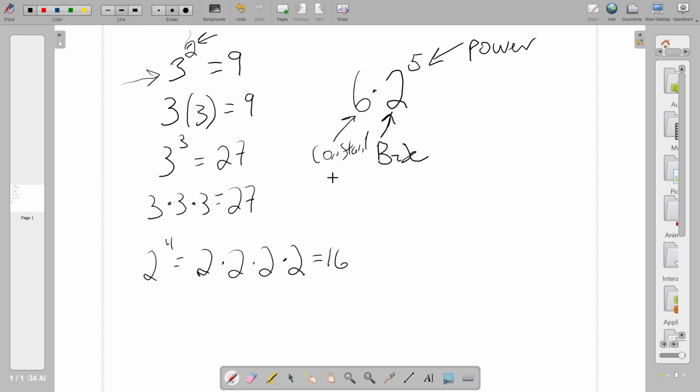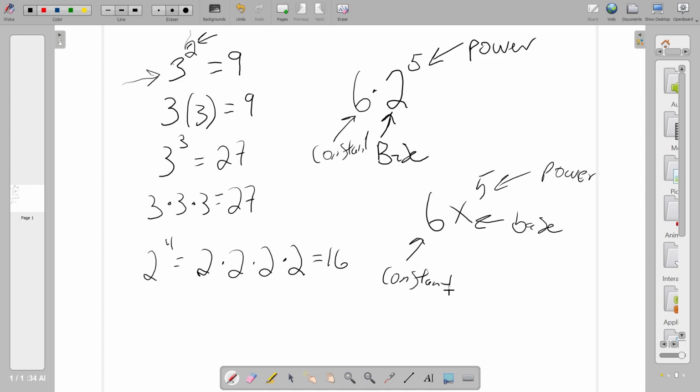This constant, when you have 6x to the 5th, we have our power, our base, and our constant. And the constant is called your coefficient. So you have your coefficient, your base, and your power. The exponent itself is just the base and the power. But you'll also see a coefficient before that a lot of times, so I just want to bring that up.